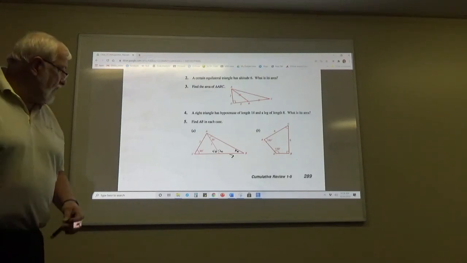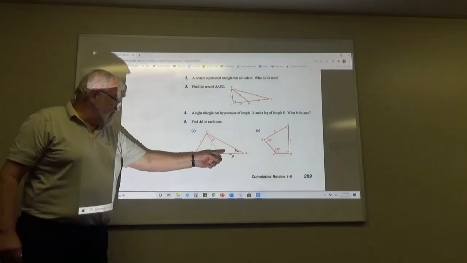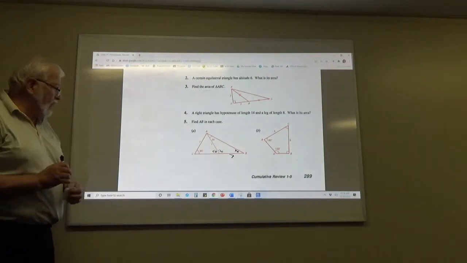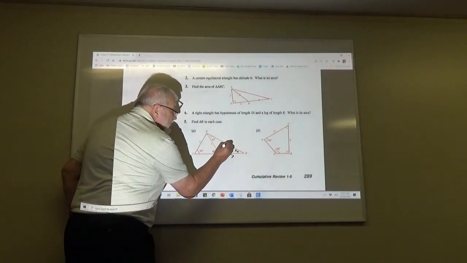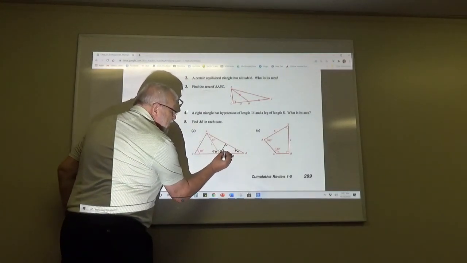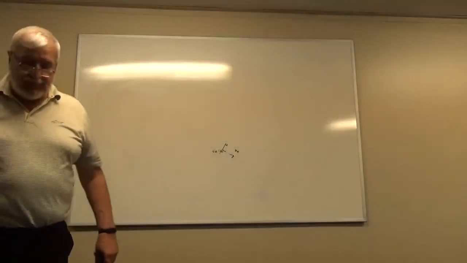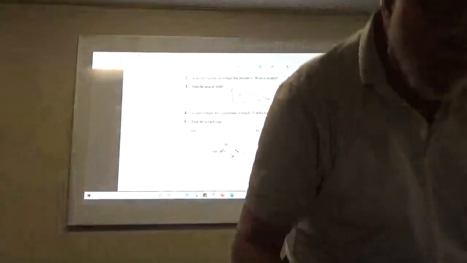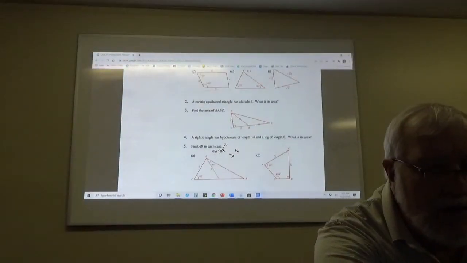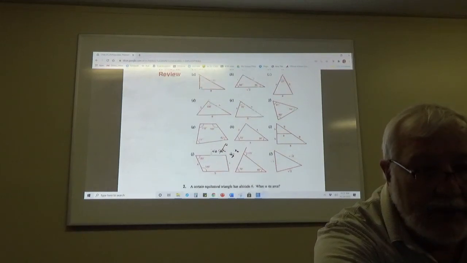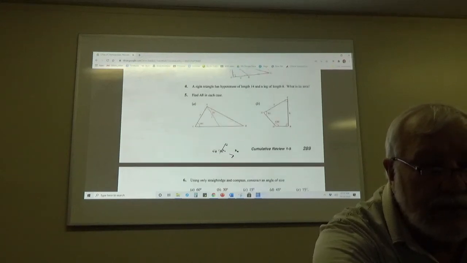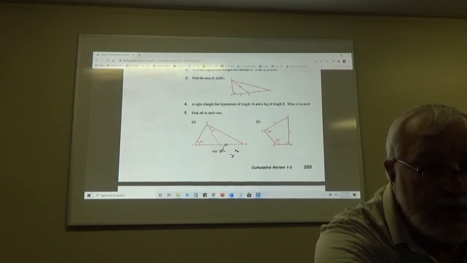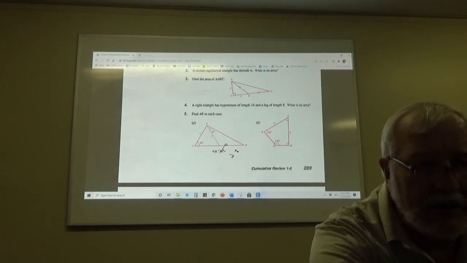Well, again, we can get that this is an isosceles triangle here. Oh, no. Yeah, this is an isosceles triangle. Here it is. This altitude makes this a 60-degree angle because it bisects.